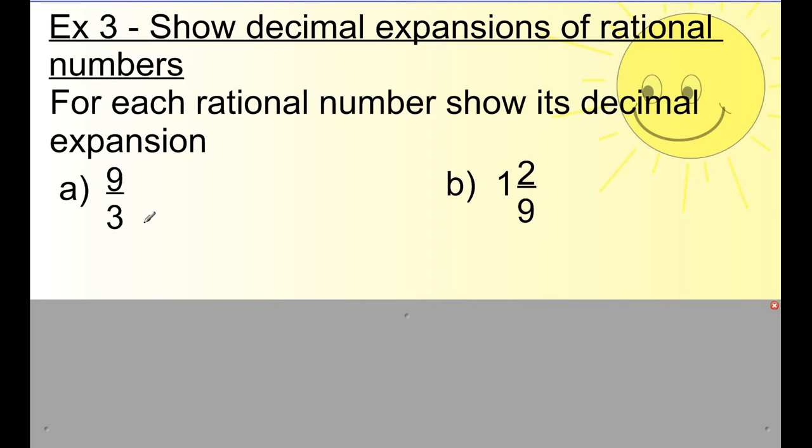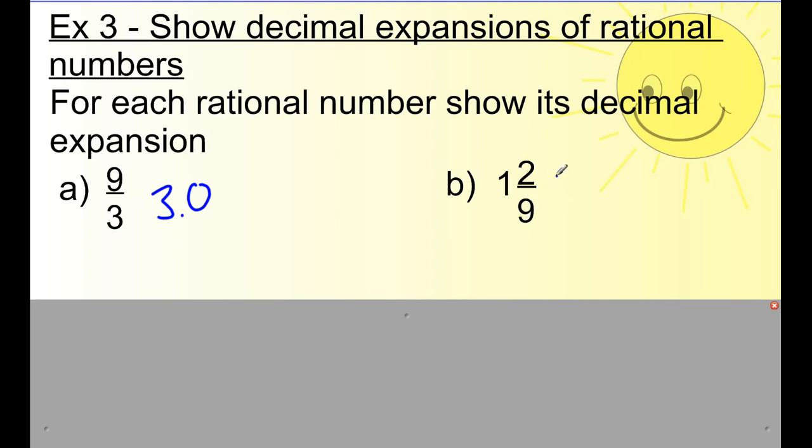I mean, 9 divided by 3, you don't need a calculator for that. 9 divided by 3 is 3. Now, if you want to make sure you know the decimal, it's 3.0. The whole number 3. Over here. 1 and 2 ninths. Now we can use the same trick as before. Remember how if it's over 9, it's going to be repeating the thing on the top?